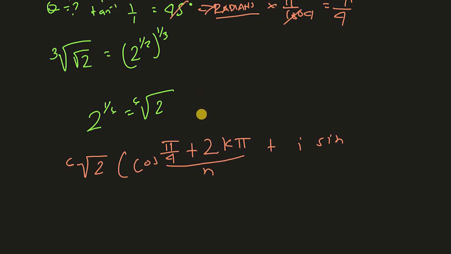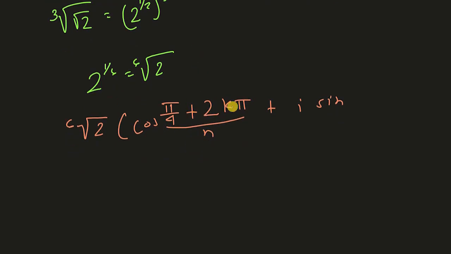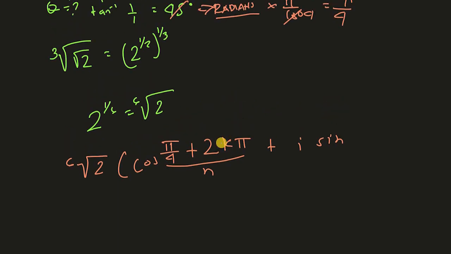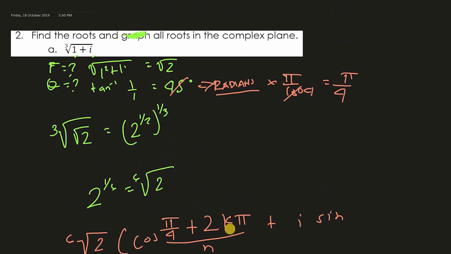Now guys, what we need to do here is, ano ba tong k? Yun yung karamihang tanong nila, ano tong k? Yung value ng k natin guys, since ito, raised to 3 siya, we will start from 0. We count 0, 1, 2. Dapat meron tayong 3 digits from 0 kung raised to 3.